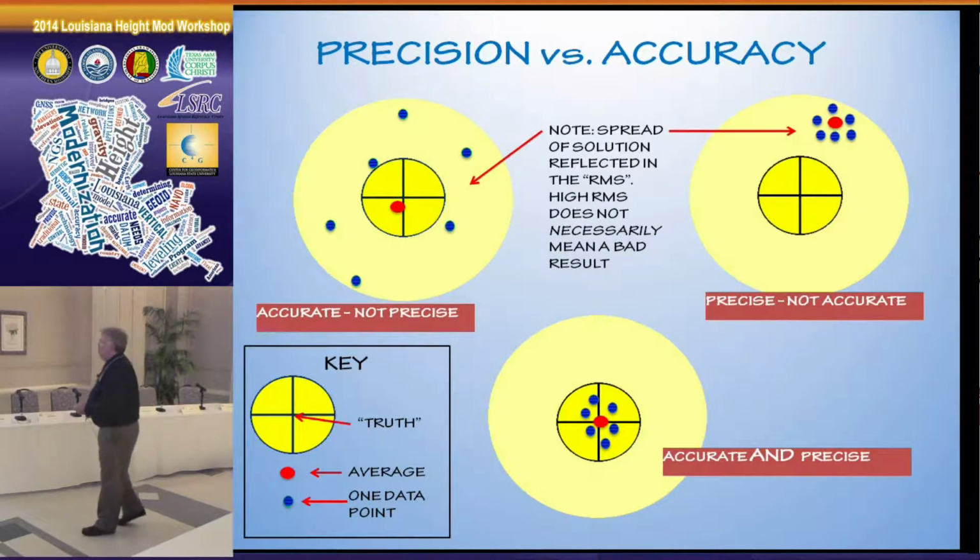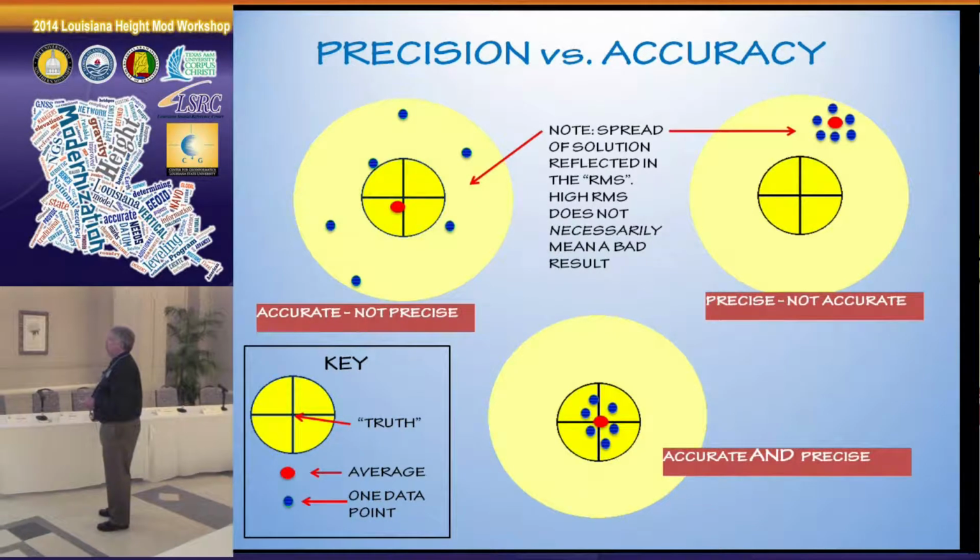Obviously, you can see that a spread of observations or points of observation averages close to the truth. So the RMS is relatively large, precision is poor, but the accuracy is pretty good. This has good precision, but bad accuracy.